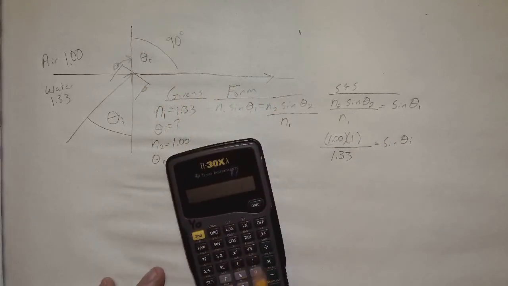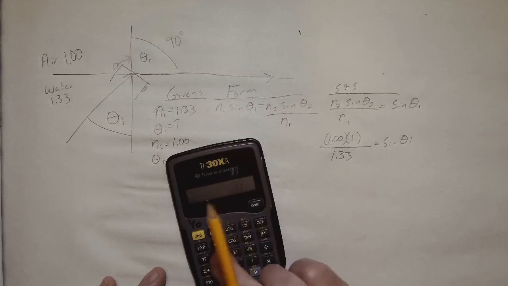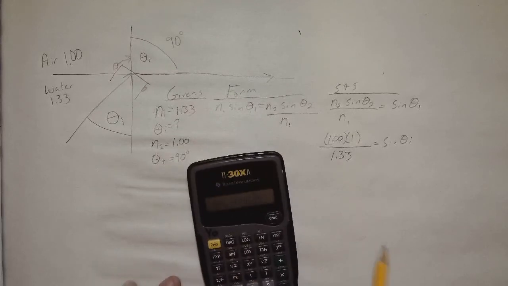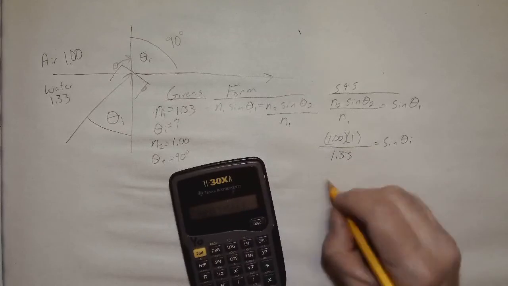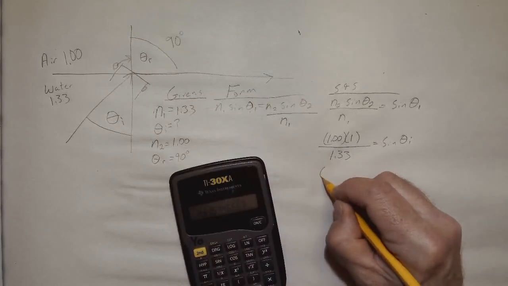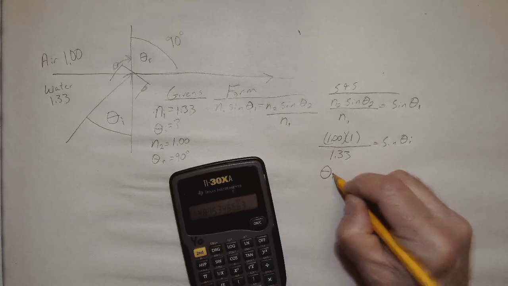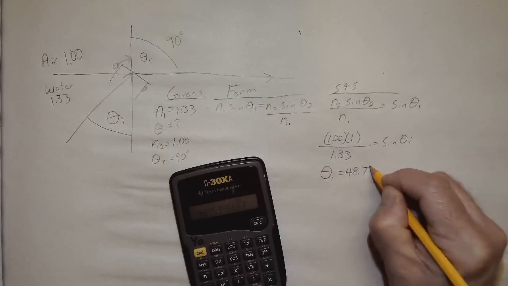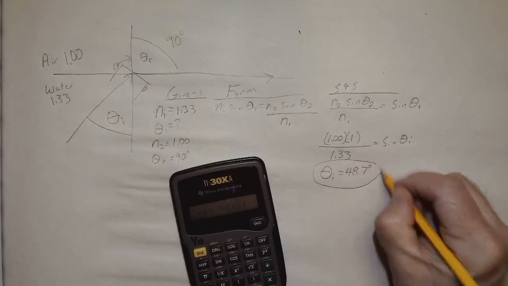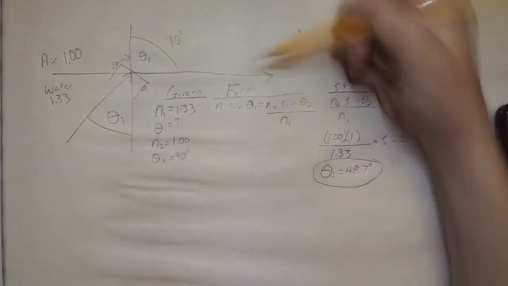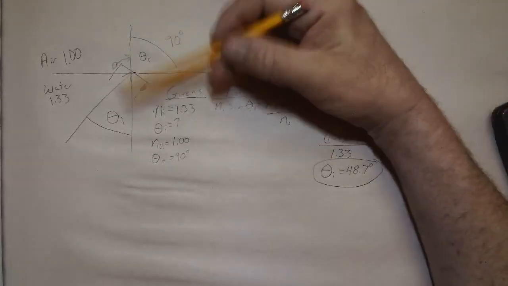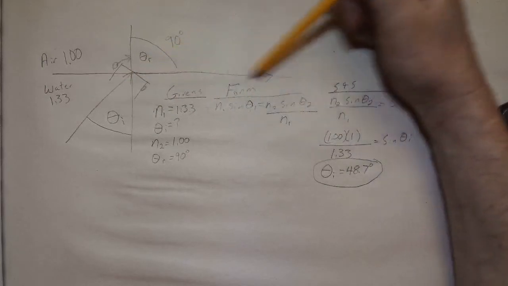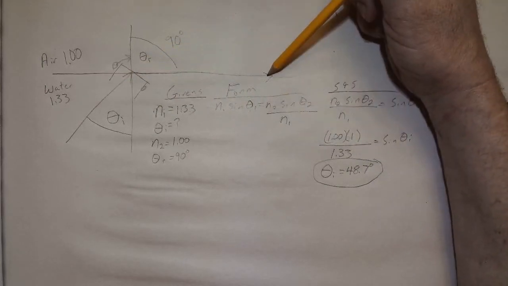So what do we have? Really, we enter 1.33, take the reciprocal, the 1 over x key, and then press inverse sine. It's rather simple. But what that's telling us is that theta I equals 48.7 degrees. And that is special, because this is the angle where refraction is exactly along the interface.